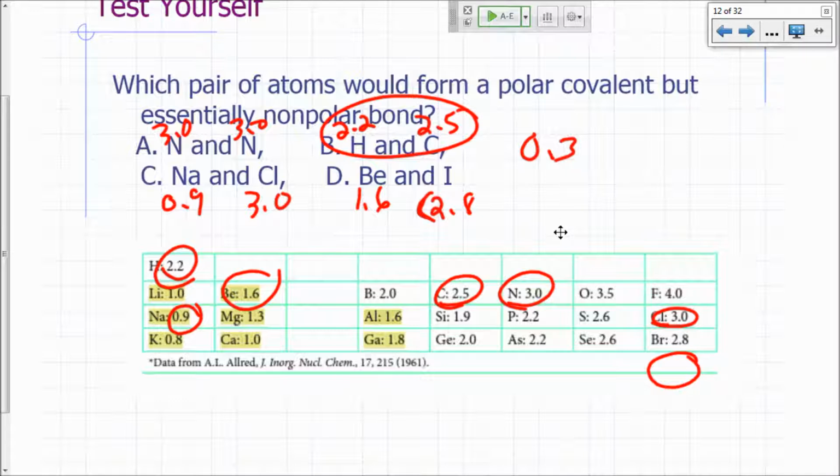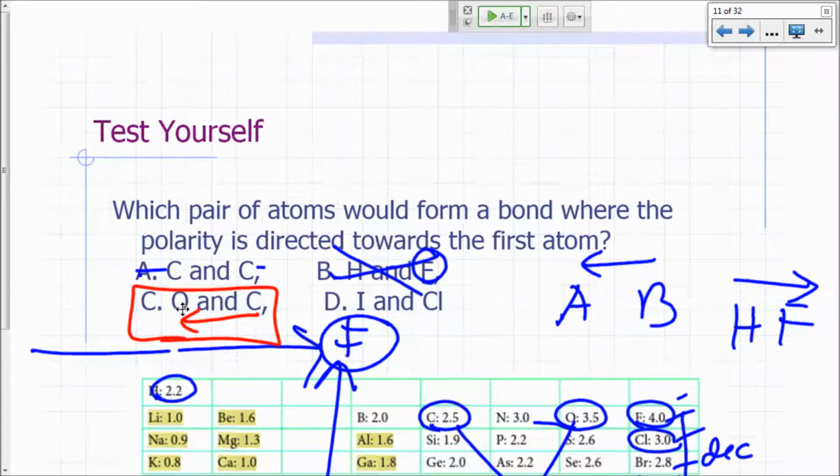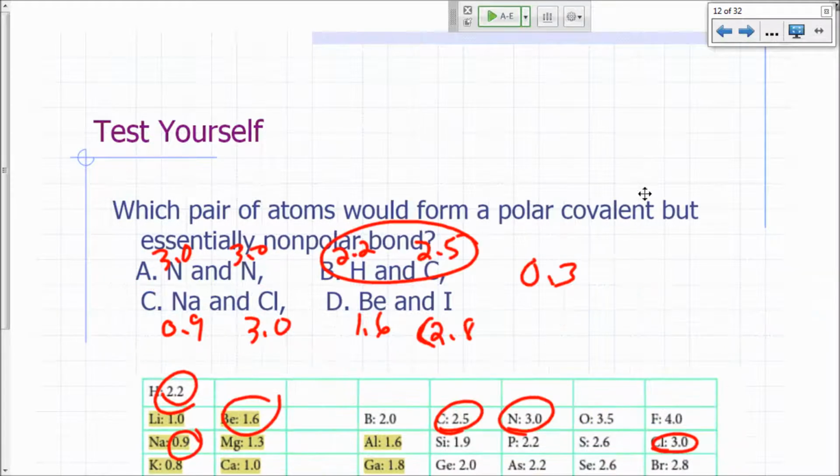Yes? So the slide you had before this, the reason why it was zinc was because of which element you had first? Yeah, because I wrote oxygen first. If B would have been switched, it would have been B. Yes. The way the question was phrased, it says polarity towards the first atom listed, in which case I wrote oxygen first on that one.